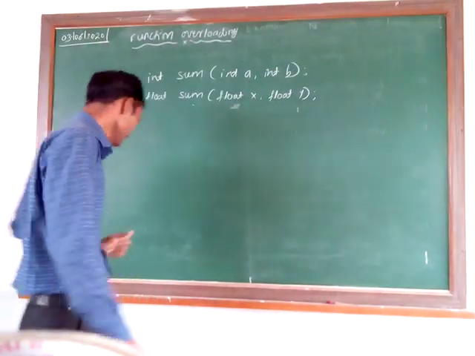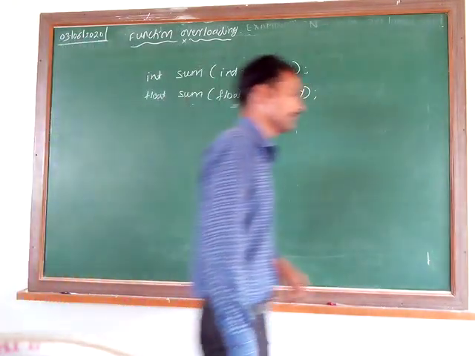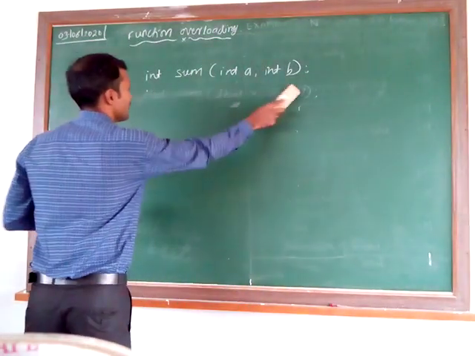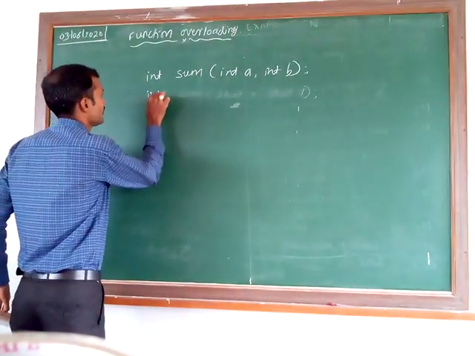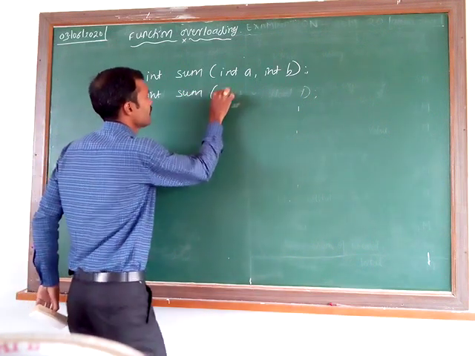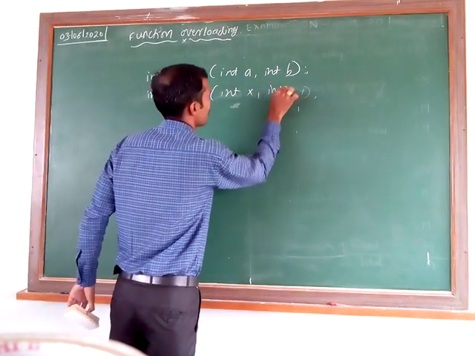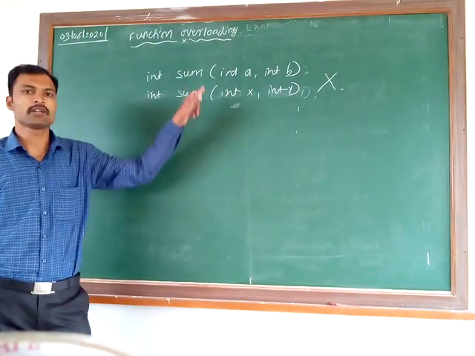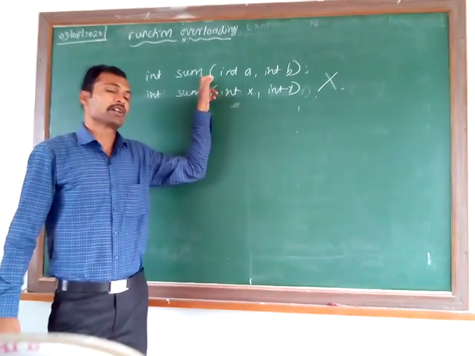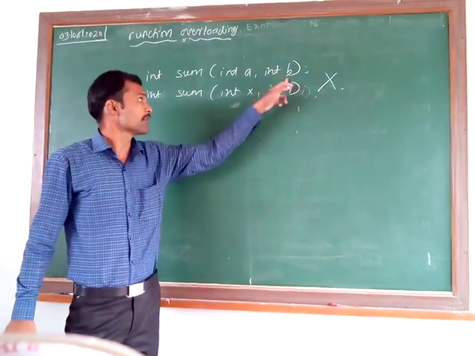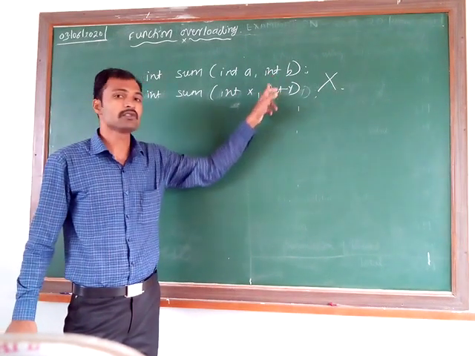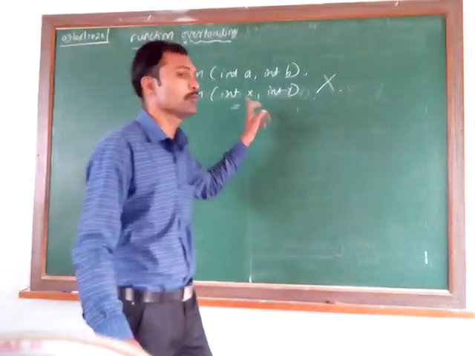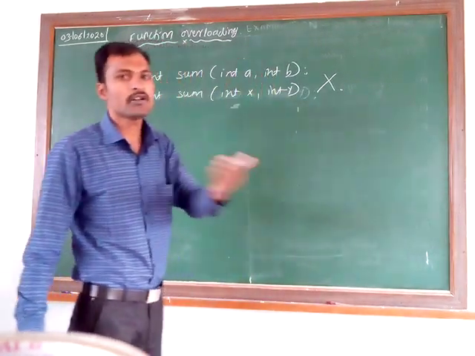But if you write like this instead, int sum(int x, int y), this is not function overloading, because the function name is the same, the number of arguments is the same, and the type of arguments is also the same. So this is not function overloading. You have to change the arguments.